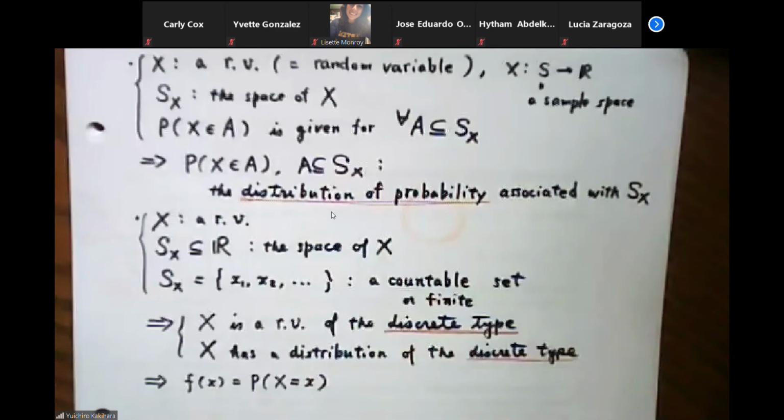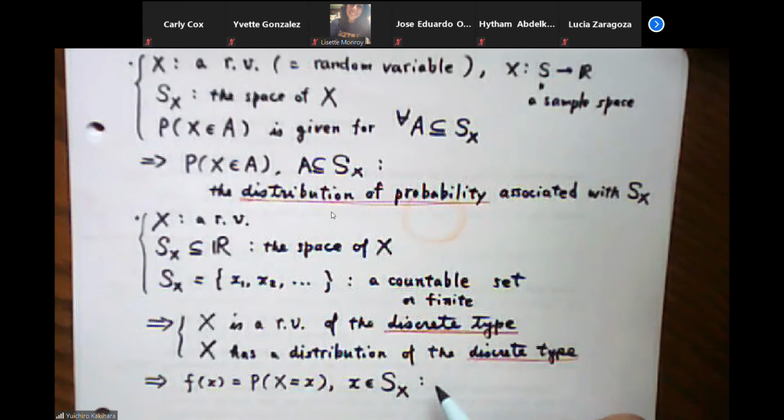So this is obtained for any real number x, and then we can consider this probability, and this probability depends on x, so we can write f of x. And first of all, we consider x in the space of X. Then we have some positive number. Other than this set, the probability would be 0, as you can see.